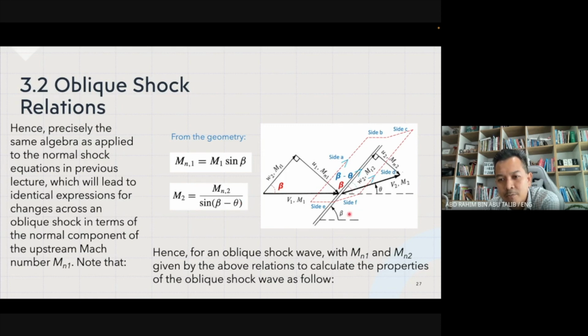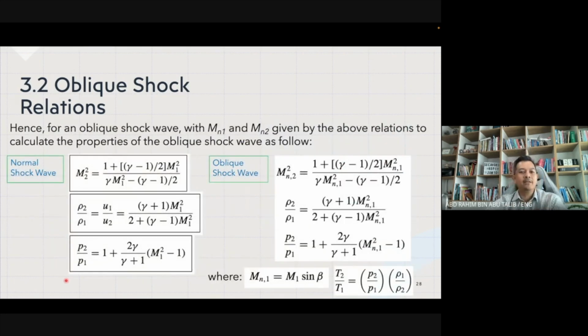So for an oblique shock wave with Mn1 and Mn2 given by the above relations, we calculate the properties of the oblique shock wave as follows.